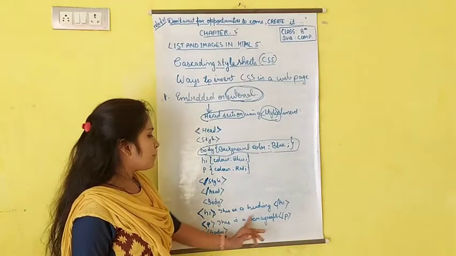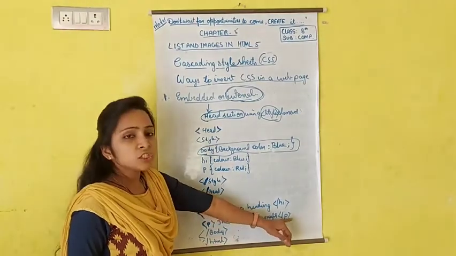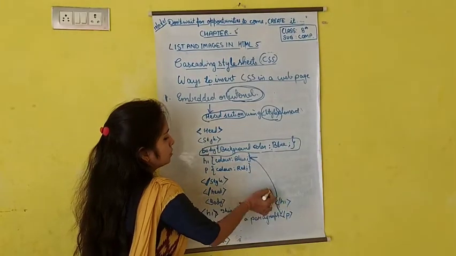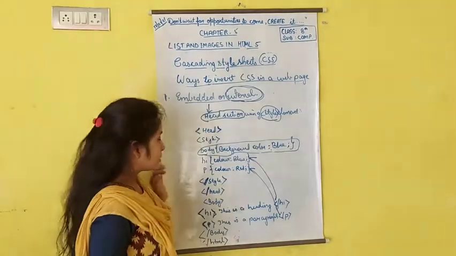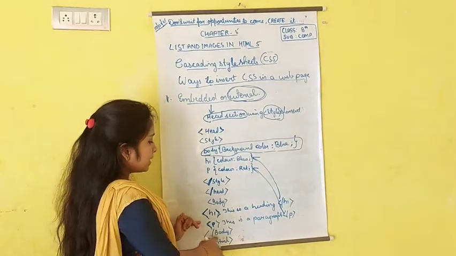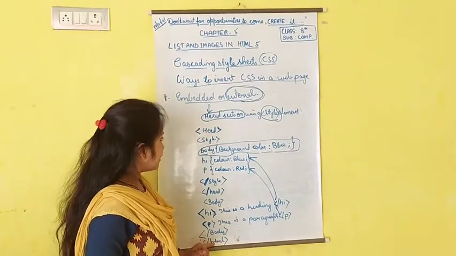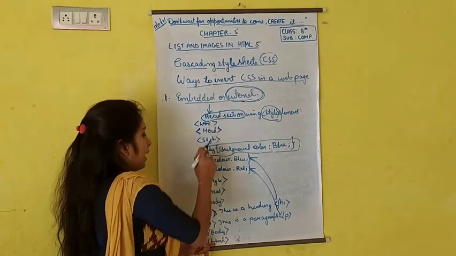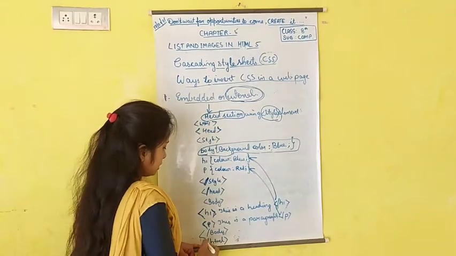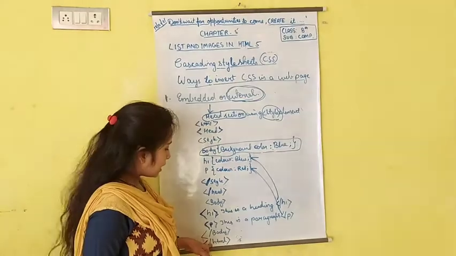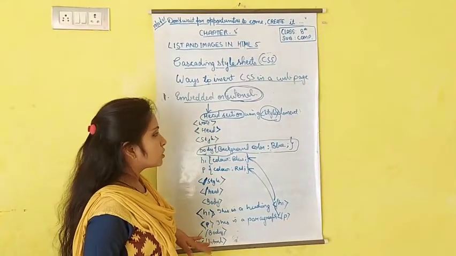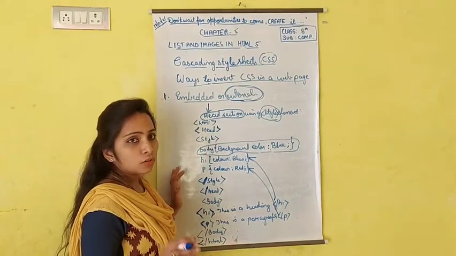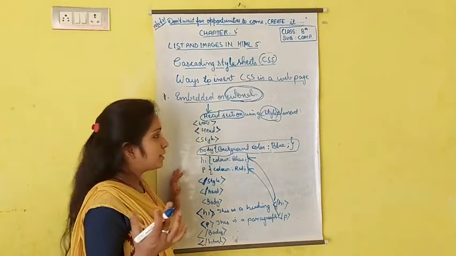Then P, this is a paragraph, slash P. Then slash body, and here HTML. In the starting HTML is written and in the end also HTML is written with a slash. So this is the structure of how we make the HTML web page.